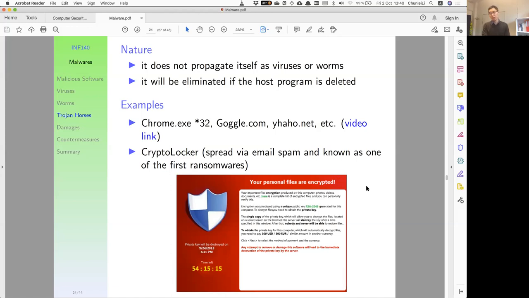So in general, it's easier to deal with a Trojan horse than computer viruses and worms, because it's just one piece of code and it does not replicate.